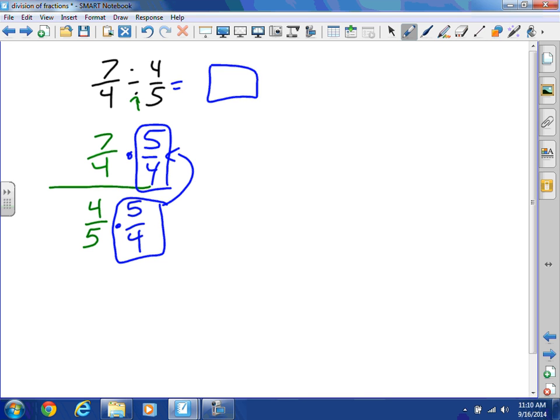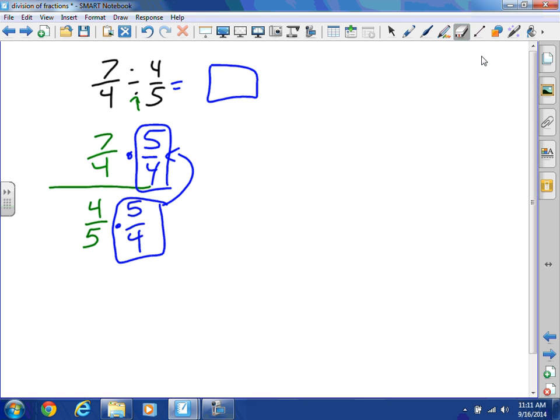Remember, 6 divided by 3 equals 2. I multiplied them both by the same factor, and I got 12 divided by 6, and it's still equal to 2. So if I multiply this by 5 fourths, I have to multiply the other number by the same factor. That would be 35/16.